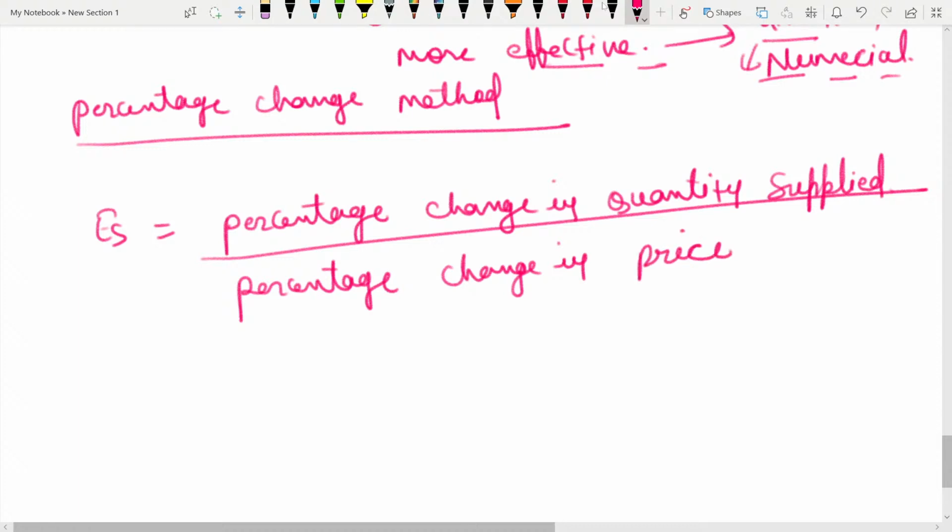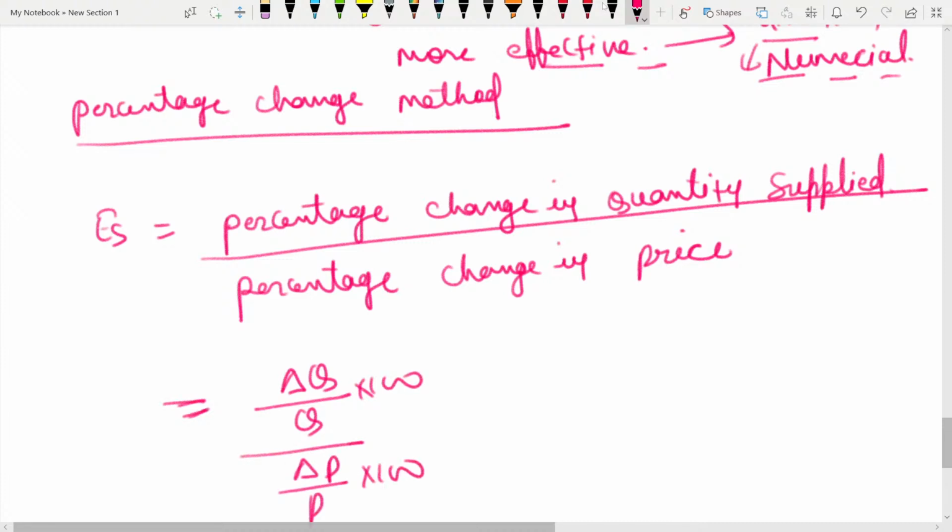In mathematical form, del Q upon Q into 100, and del P upon P into 100. So this is the elasticity of supply.